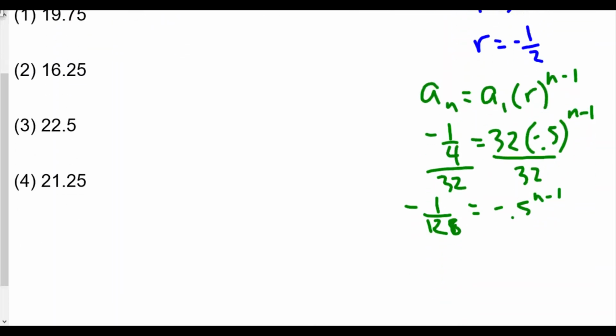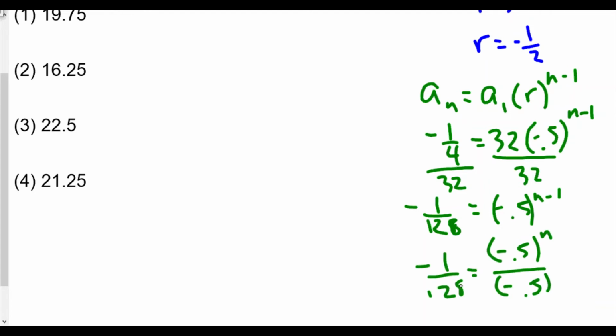Now, this is the same thing as negative 0.5 to the nth power divided by negative 0.5. So what will happen is, again, over negative 1 over 128, I'm going to multiply both sides by negative 0.5 to get rid of this denominator on the left side.